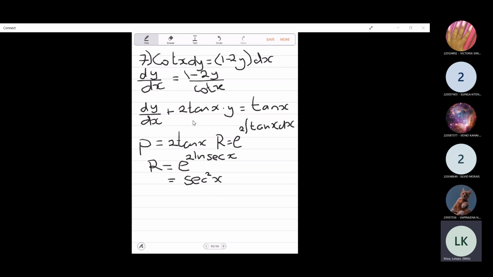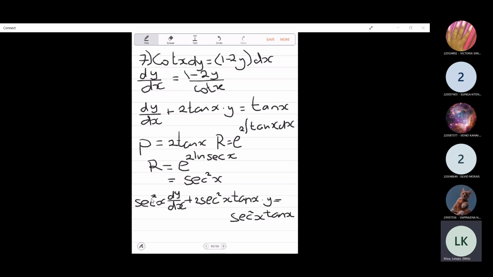Okay, so now we multiply throughout. We get sec squared x times dy dx plus 2 sec squared x tan x times y. This is equal to sec squared x tan x.